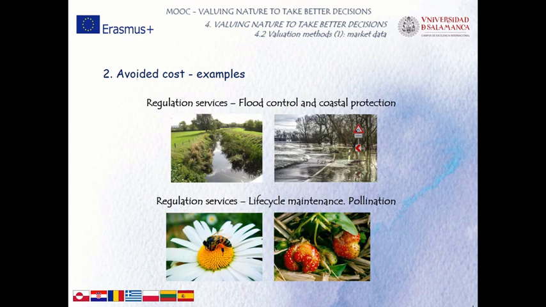We can also assess the value of regulation services, for instance related to flood control, by calculating the damage that we avoid by having that vegetation close to the rivers that prevents those floods. And the same we can do for other regulation services. We can calculate the value of pollination by calculating the loss in crops for bad pollination, which could be improved, of course, with a higher presence of bees or insects.